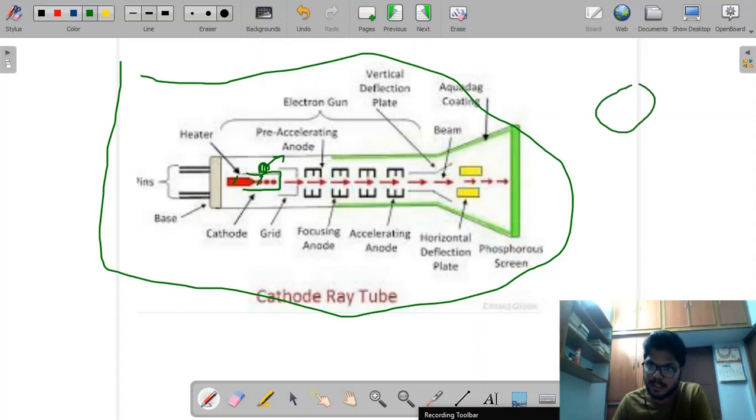From our chemistry we know that when an atom is surrounded by electrons and certain energy is given to it, some electrons will come out. This process is called ionization. By this process we get electrons out from the cathode's barium oxide layer.